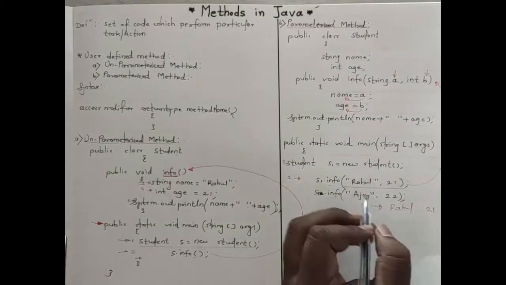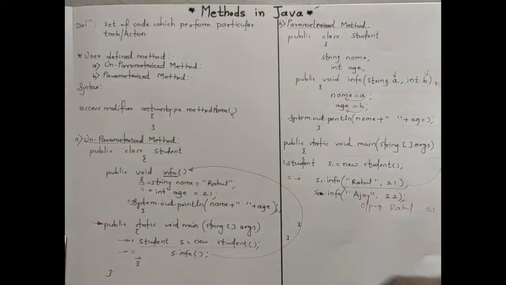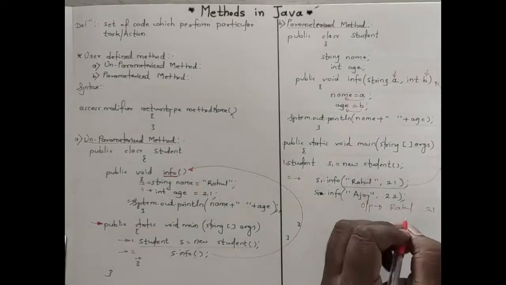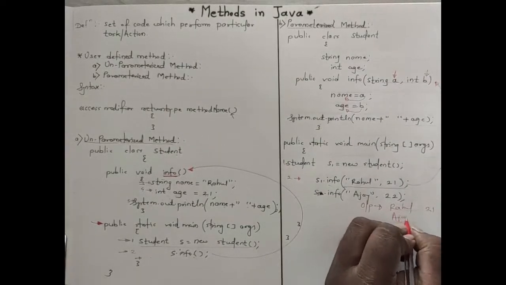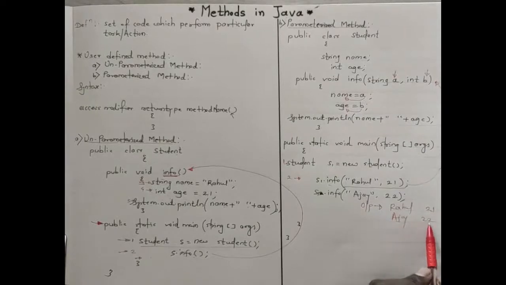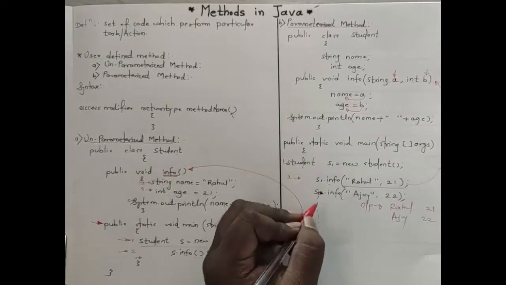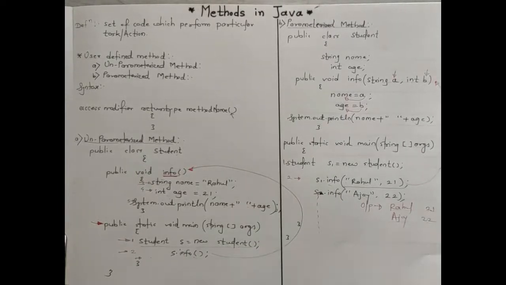Okay, then what happens? It executes again in the similar way. We got output as Ajay and 22. When we execute this program, we got a two-line output. First one belongs to Rahul 21 and second line Ajay 22. Similarly we can provide any number of parameters by using a method.